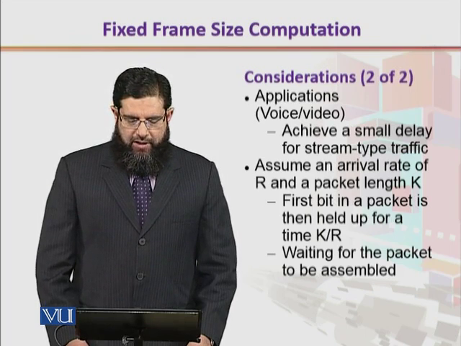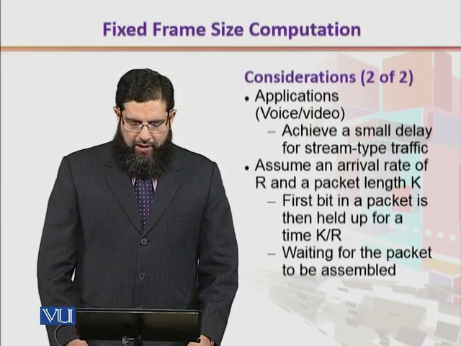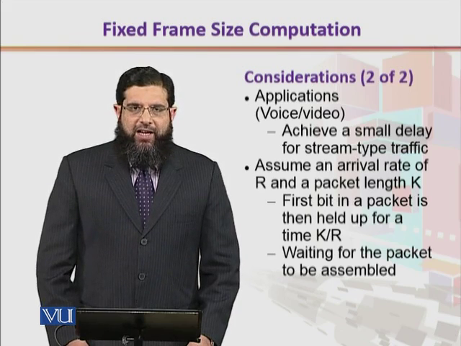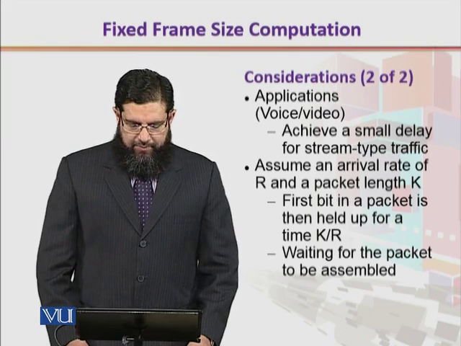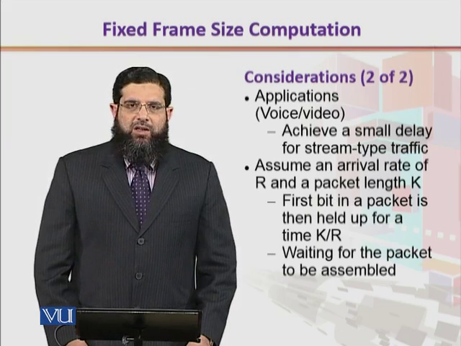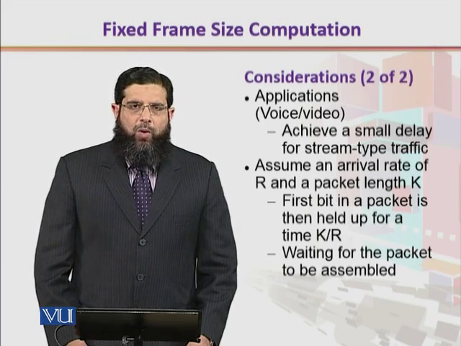For instance, if we assume that we have an arrival rate of R in terms of bits, and the packet length is represented as K, the first bit in the packet is held up for K divided by R duration. Why?